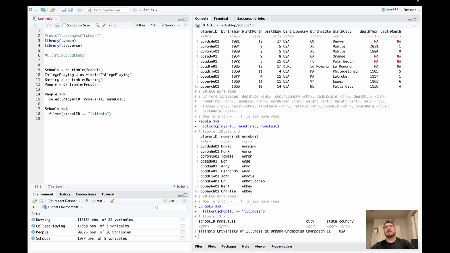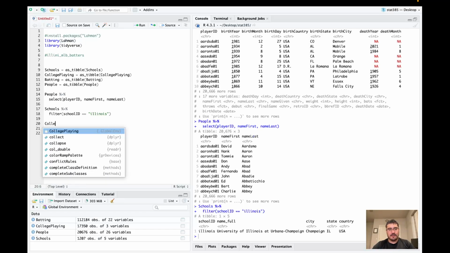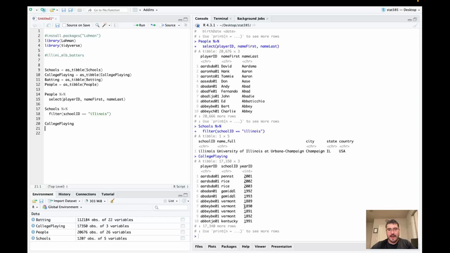All right, now let's look at college playing again. We have player ID, school ID, and the seasons that they played. Let's get all of the people who played at Illinois.